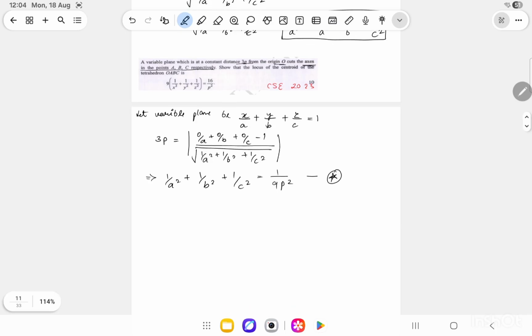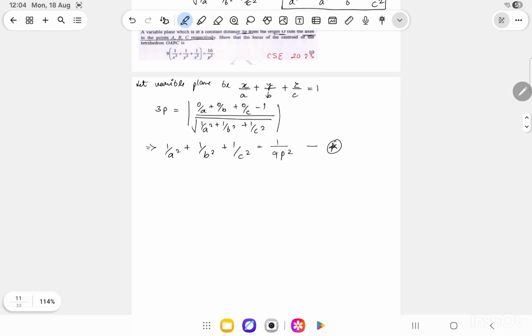The question further says that the variable plane cuts the x-axis, y-axis and z-axis at A, B, C respectively. So I can easily find the coordinates of A, B and C. The variable plane cuts the x-axis at A. On the x-axis, my y coordinate and z coordinate will be 0.